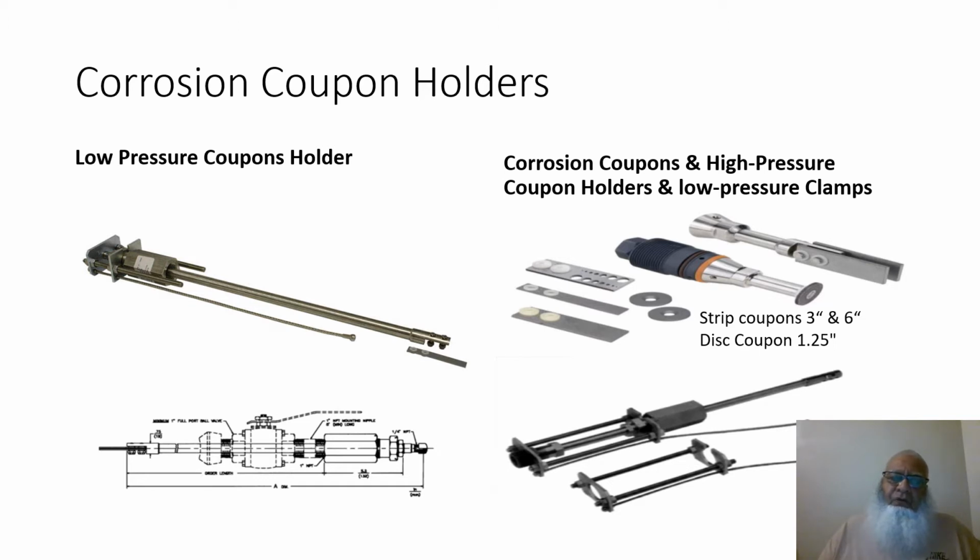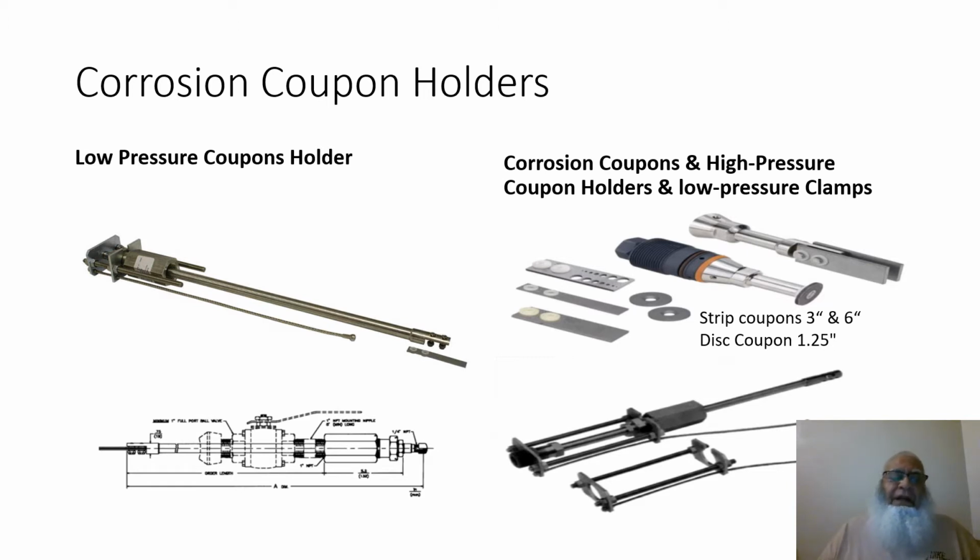It also shows the safety clamps, which is very important to use when you are using the low pressure coupon holders. The low pressure coupon holders, the insert is only controlled by the packing glands in the nut.